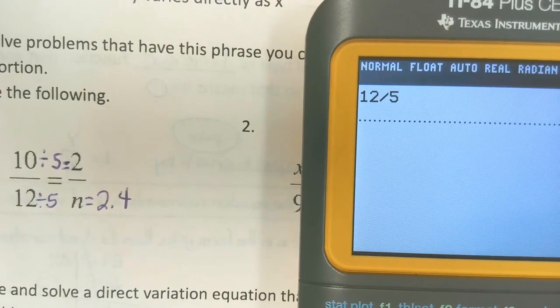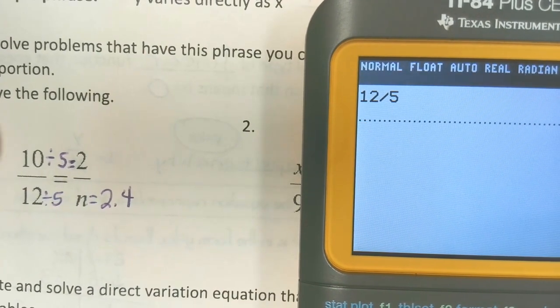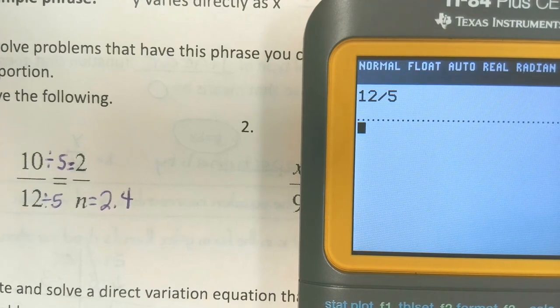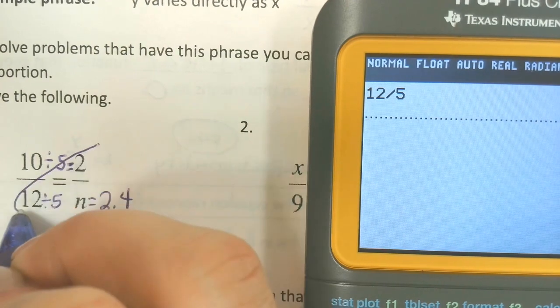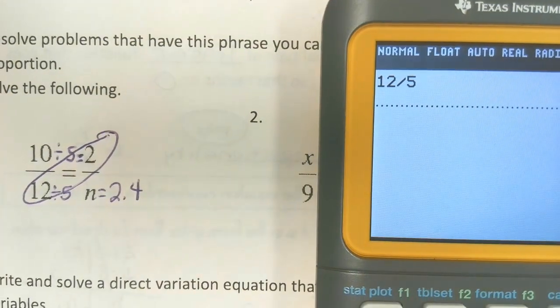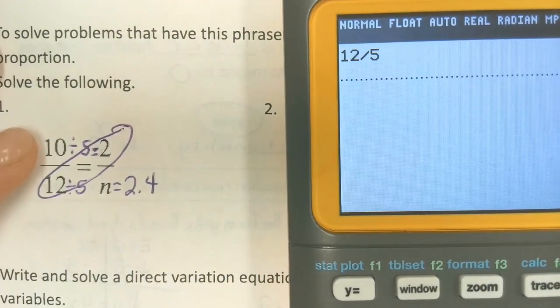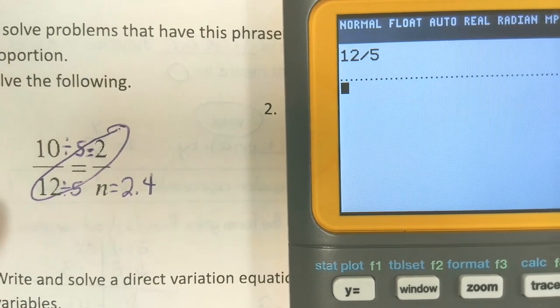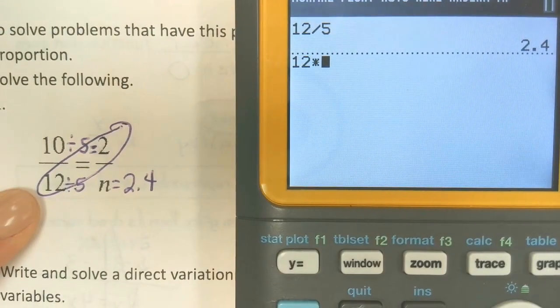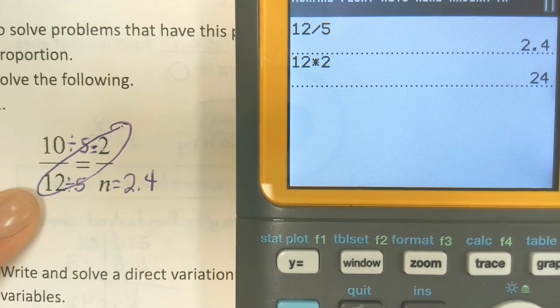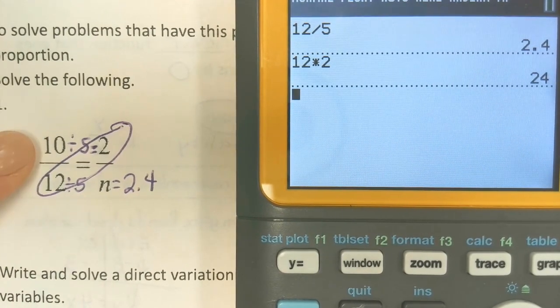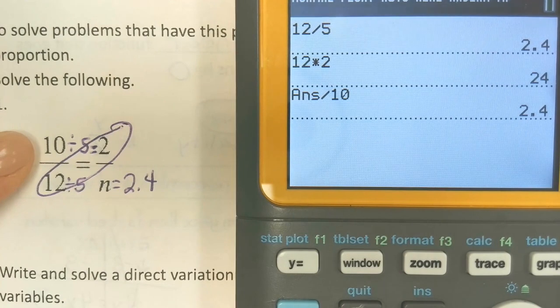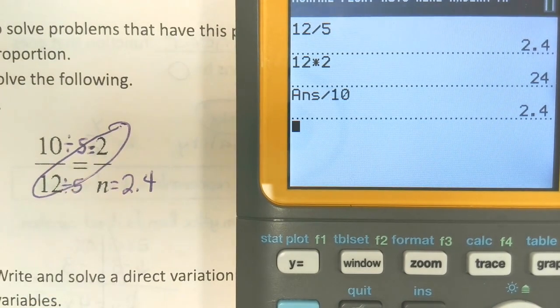Okay, I'm going to show you another way to get this. I don't know if you know this or not, but it's cross multiply and divide. Do y'all remember that? You cross multiply the two numbers that you see, and then you divide by the last number. So I would multiply 12 times 2 to get 24. Then I'm going to divide by 10. 2.4. It's the same thing.